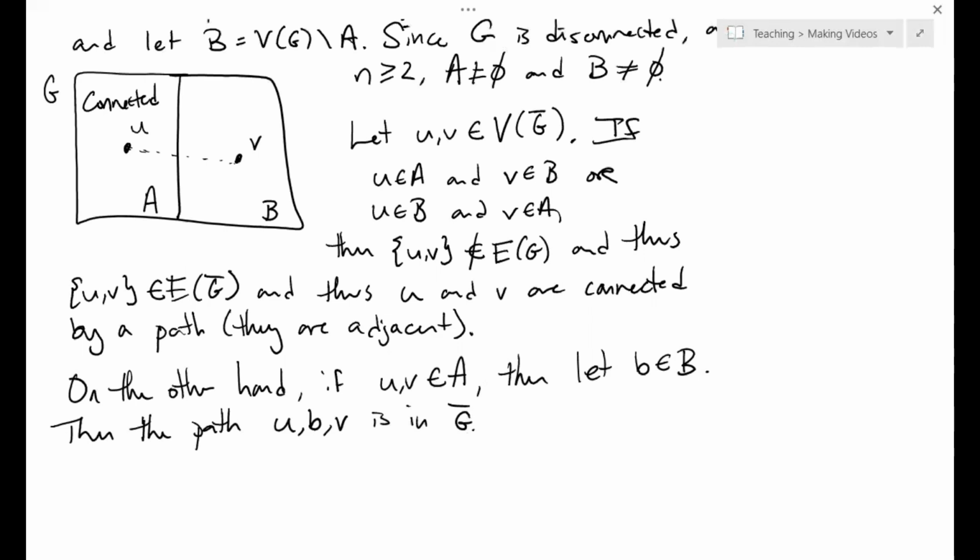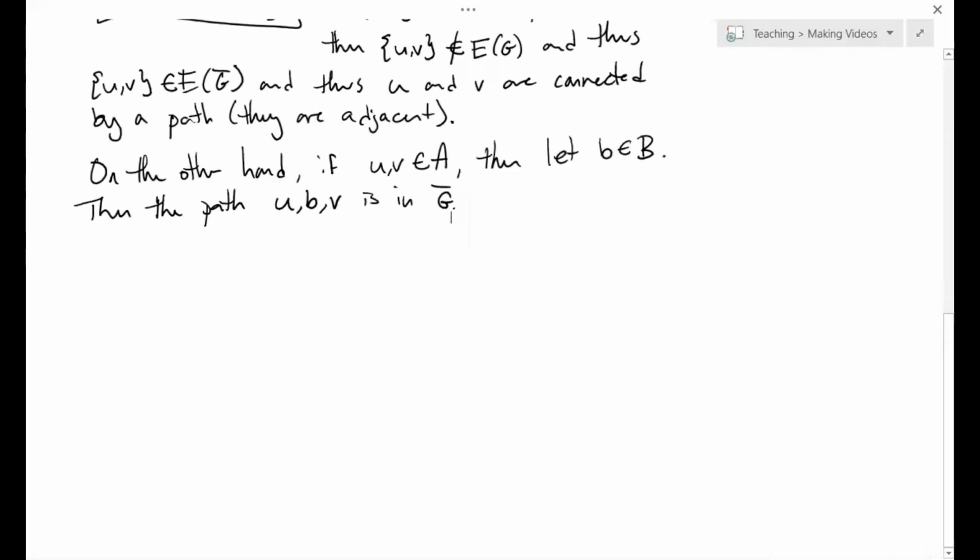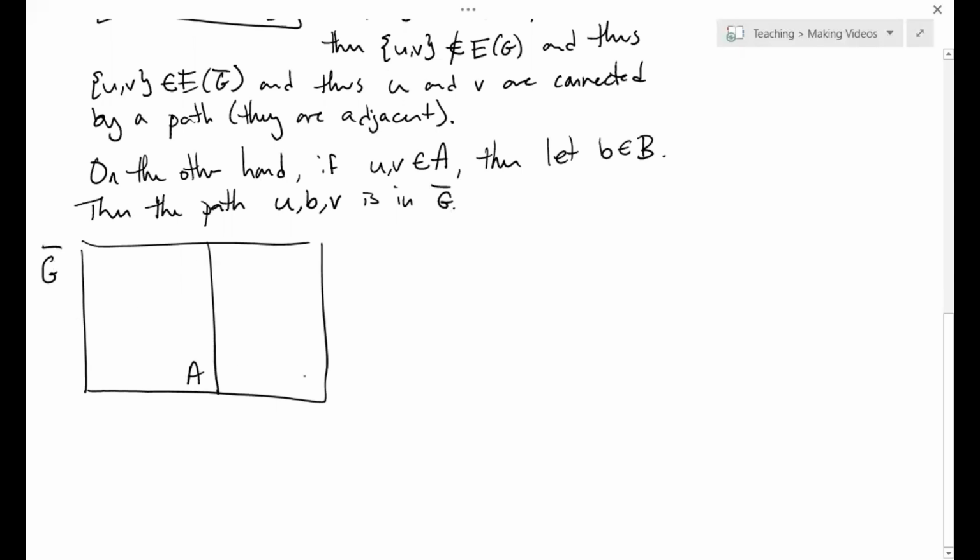So let's draw that picture. Here's my set A, here's my set B. If U and V are both over here, then pick anything at all over here, and I know I can do that because I mentioned earlier how B is not empty. Then I have an edge U to b in G bar, and I have an edge from V to b. And so therefore I have a path from U to V.